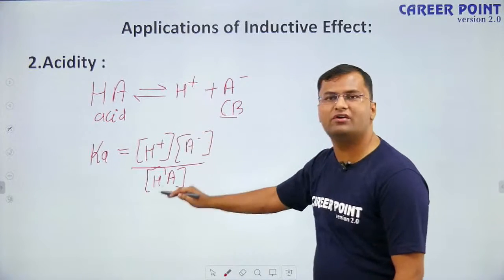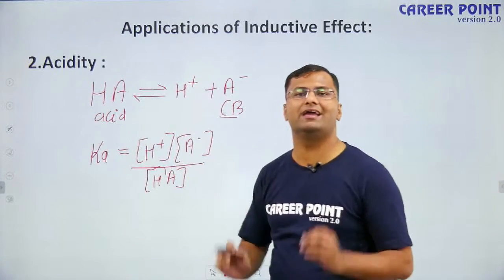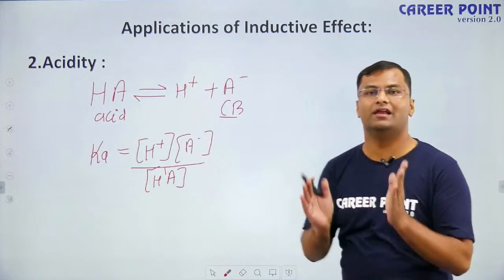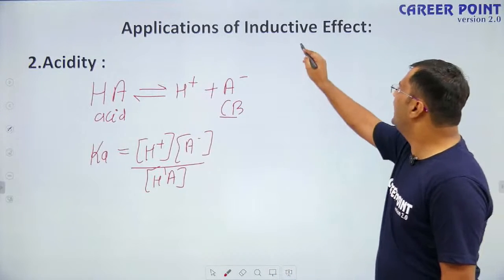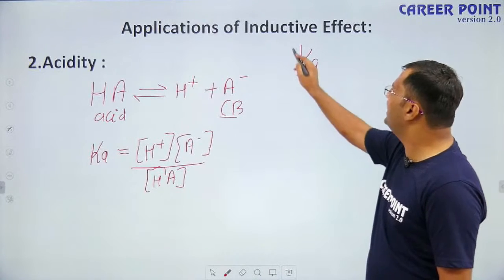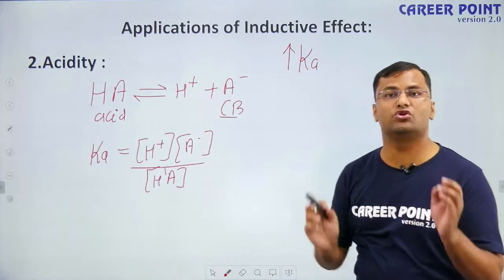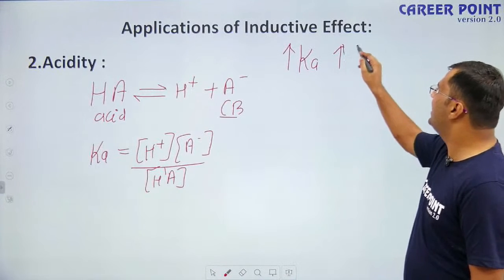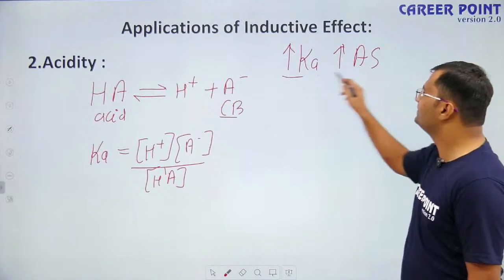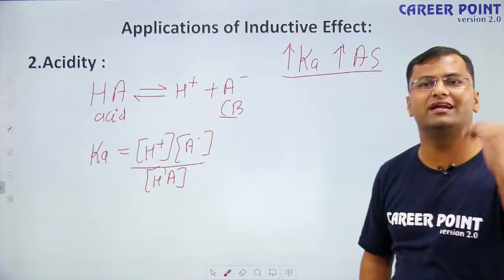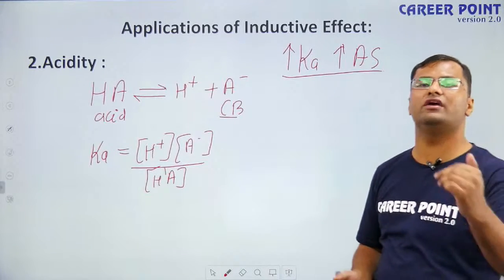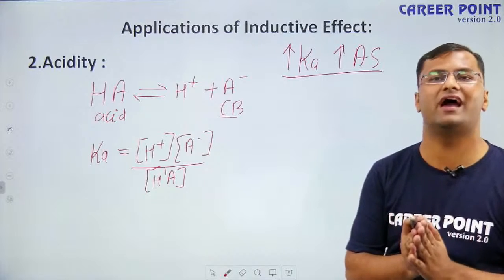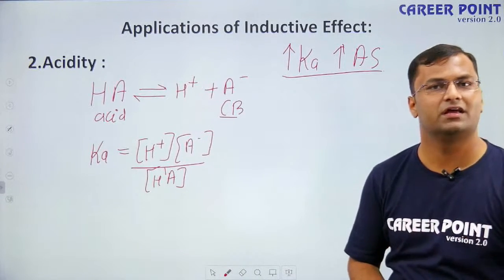So product upon reactant is denoted by the Ka value, or dissociation constant. Now, we know that the higher the value of Ka, the higher the dissociation constant, the more the acidic strength. As the Ka value increases, the acidic strength of the compound increases.